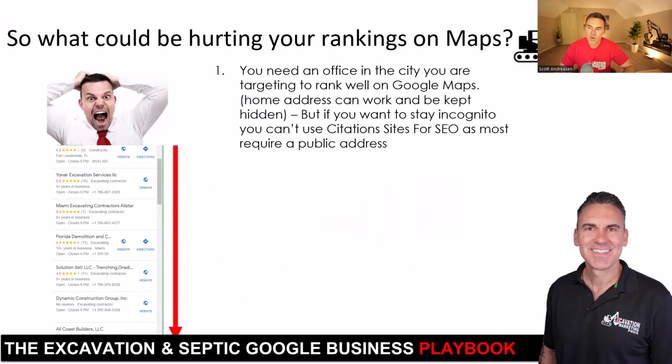Well, you do need an office in the city you're targeting to rank well on Google Maps. So a home address can work, and you can actually keep that hidden if you like. But if you want to stay incognito, you cannot use what are called citation sites for search engine optimization. These are third-party sites that would point back to your business. An example of this would be something like Yelp.